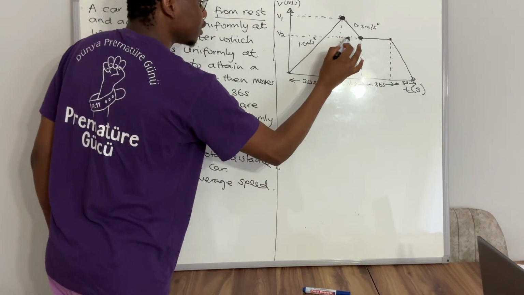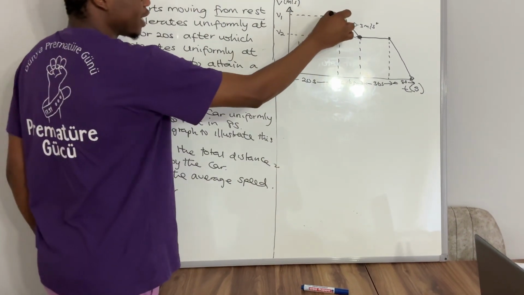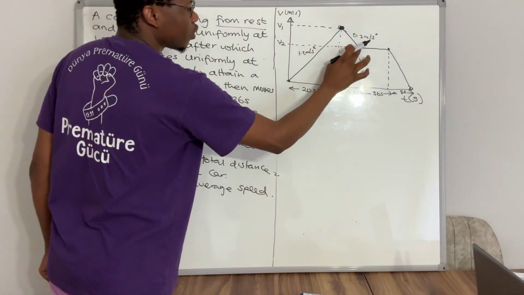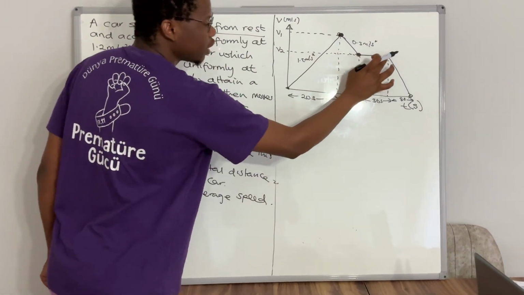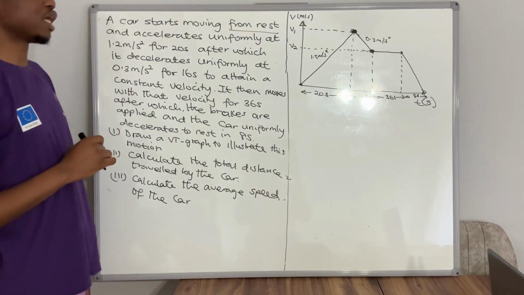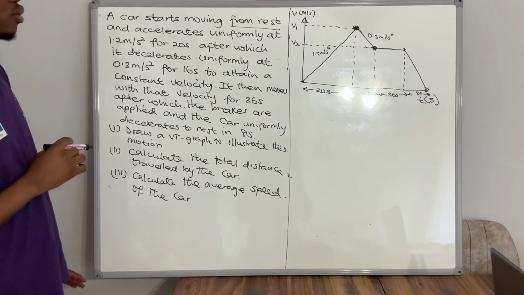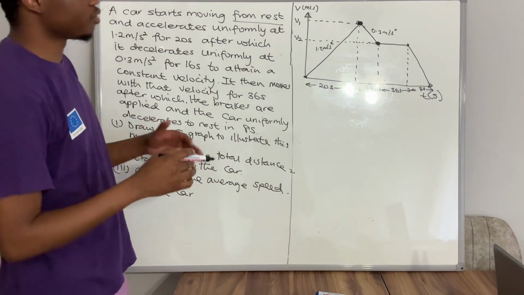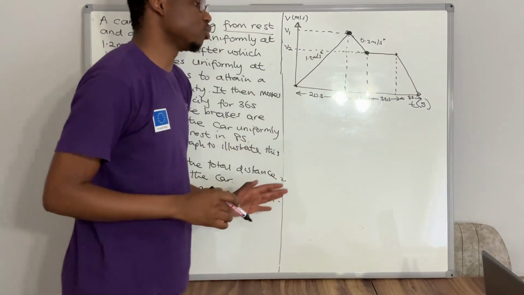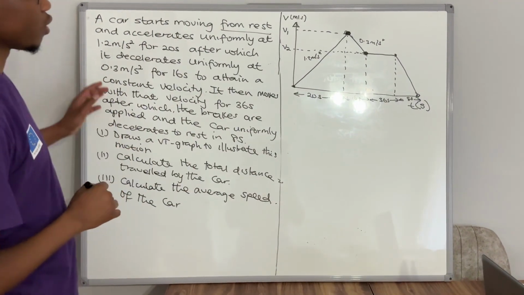So from here, the car decelerates to attain a lower speed, but after attaining that lower speed, it maintains that speed for 36 seconds and then decelerates to rest. So this is how the velocity time graph is going to look like. So which means we have 4 events, 1, 2, 3, 4 during this motion, okay?